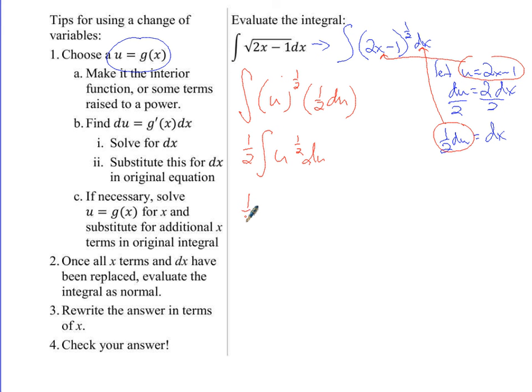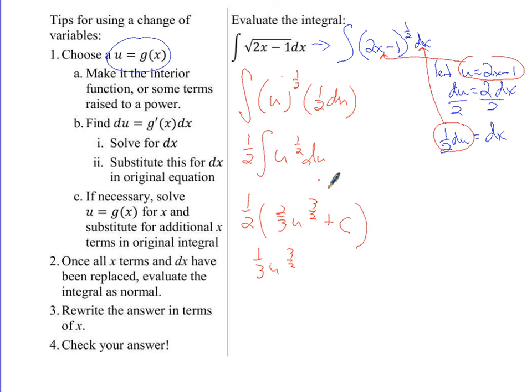So now I have the 1/2 still out front. u to the 1/2 turns into what? 2/3 u to the 3/2 plus C. Right? Now if I distribute that 1/2 in, then the 2/3 turns into one-third u to the 3/2.